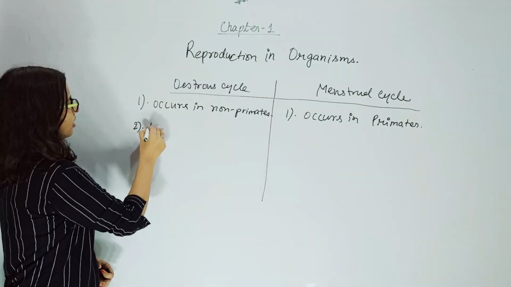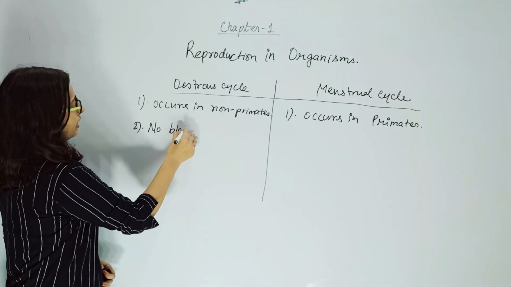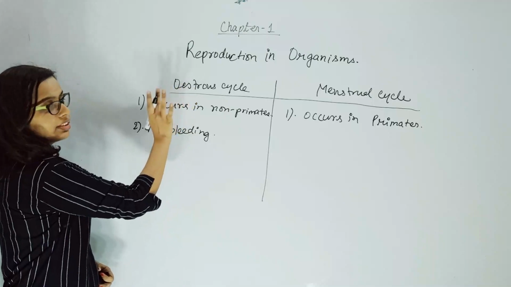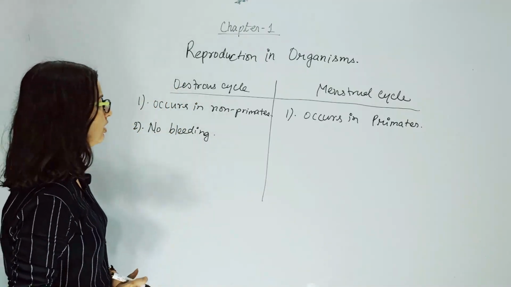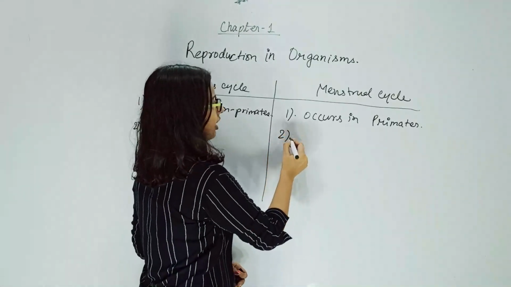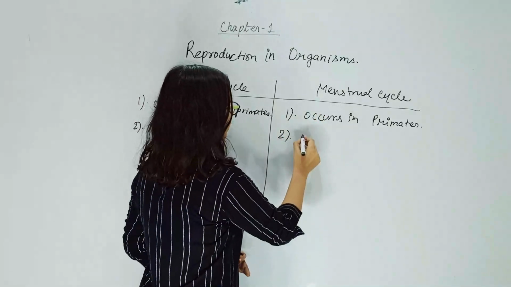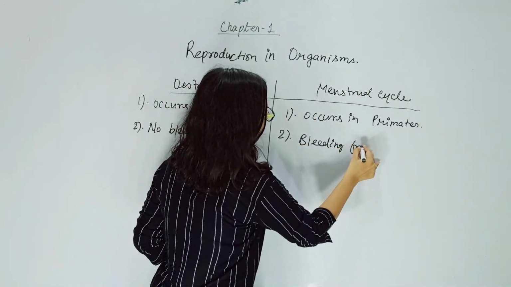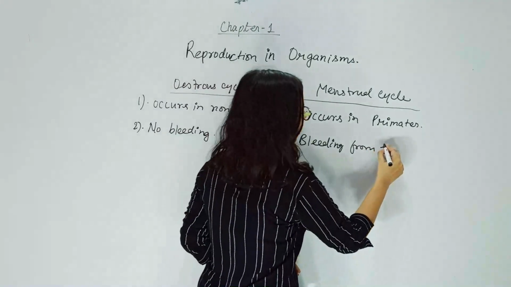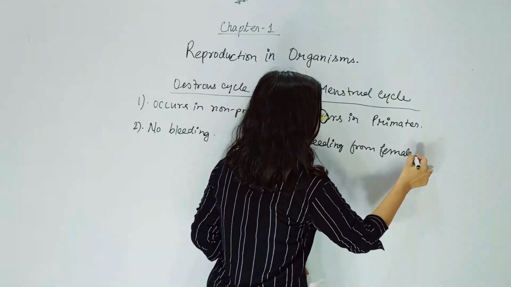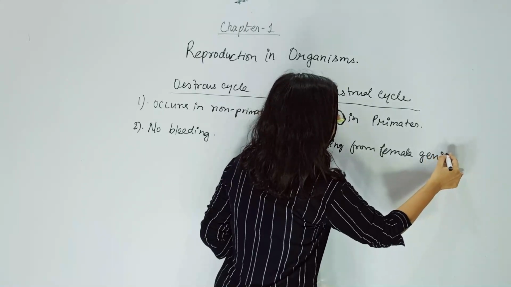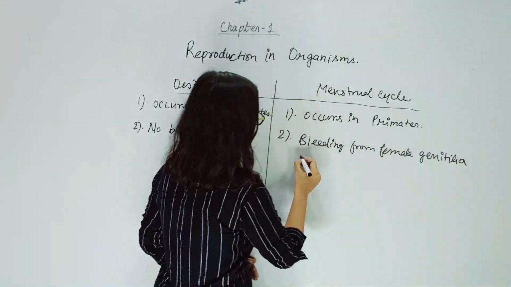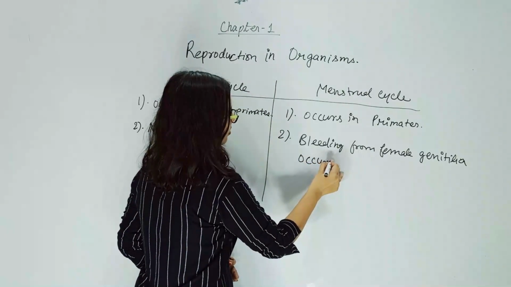Then no bleeding takes place in case of the Estrus cycle, whereas in case of the menstrual cycle, bleeding from the female genitalia occurs.